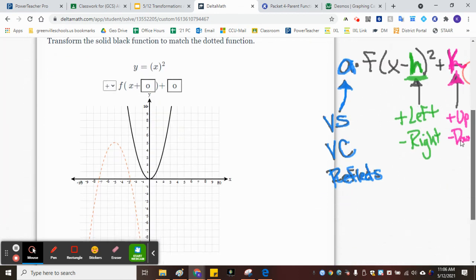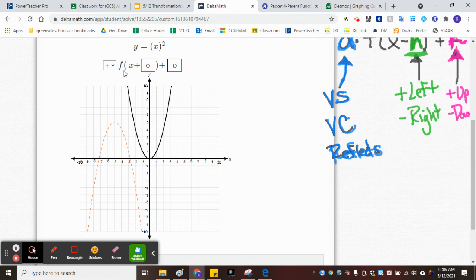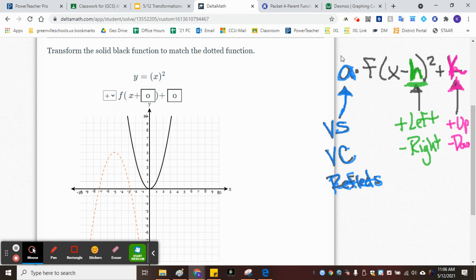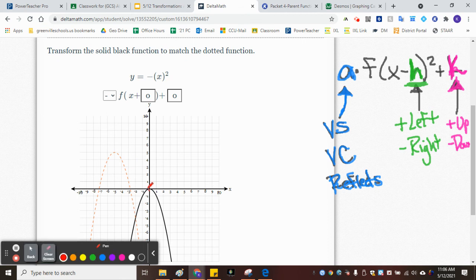Okay. All right. This one isn't going up. It's being reflected down. Reflected down is the first one. So instead of positive, we need to make it a negative to reflect it over the x-axis, reflect it down. Now that they look pretty similar, I'm going to do my vertex of both of them and see how they change.